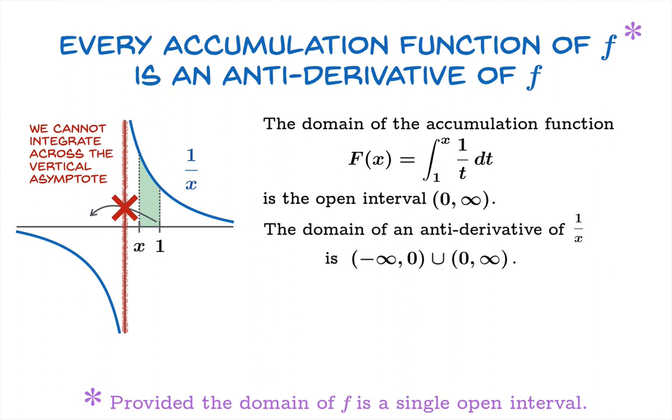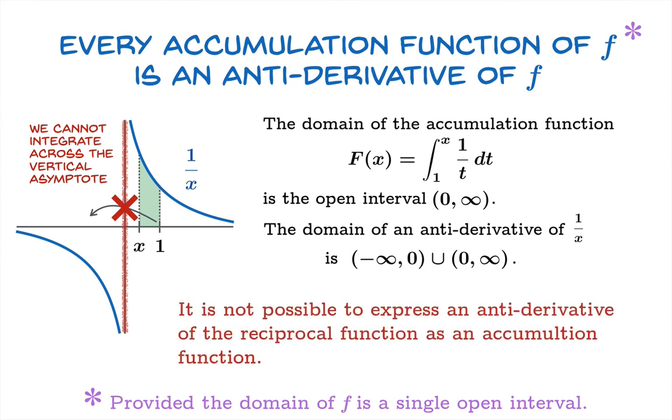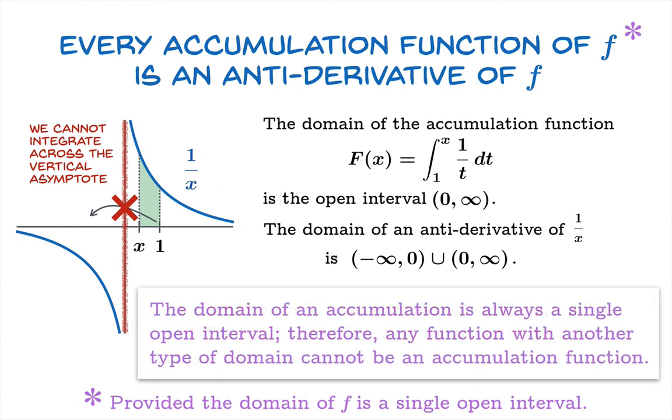Well, the domain of an antiderivative of the reciprocal function has to be the union of the interval from negative infinity to 0 and the interval from 0 to infinity. What does this mean? It means it's not possible to express an antiderivative of the reciprocal function as an accumulation function. So in fact, the domain of an accumulation function is always a single open interval. Therefore, any function with another type of domain can't be an accumulation function.